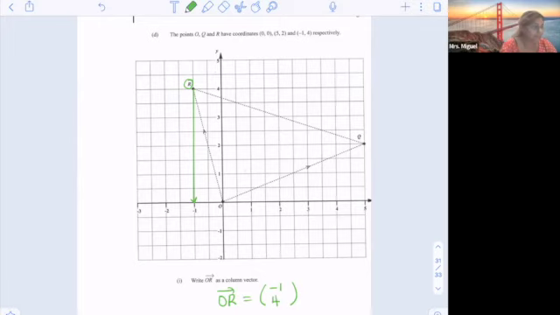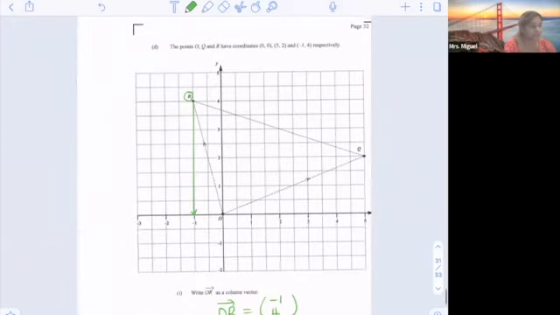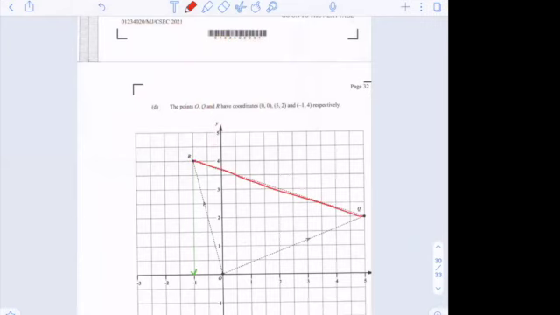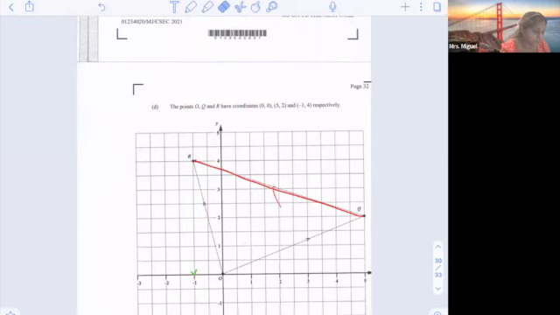They ask us to determine QR. They want the length of QR. So let's go back. We have to find the vector QR. So to go from, watch it, we're going from Q to R. Which vectors must we add to go from Q to R?